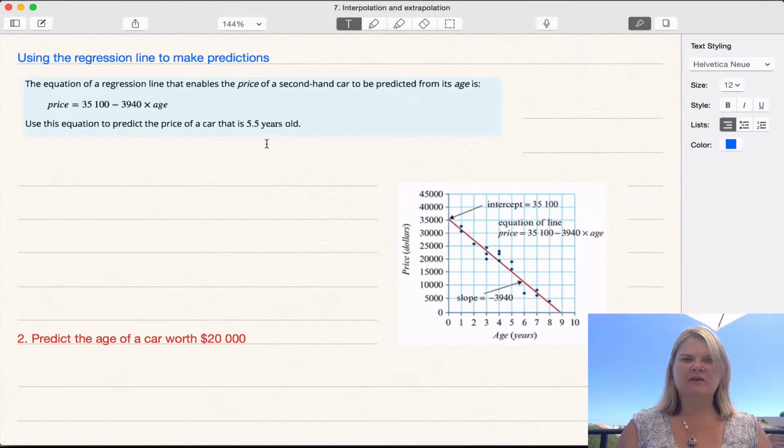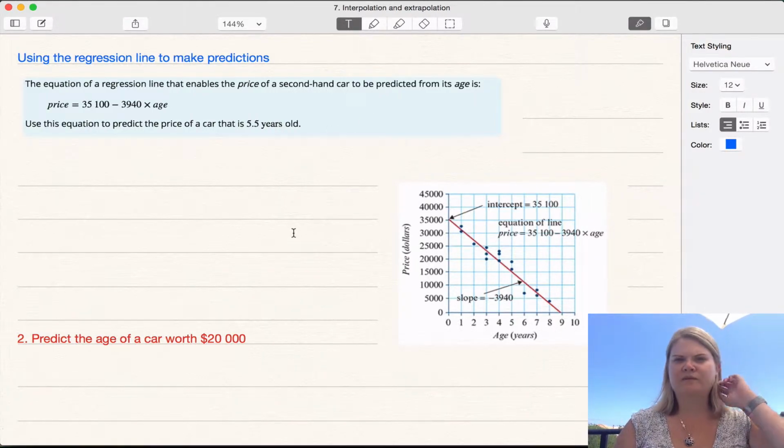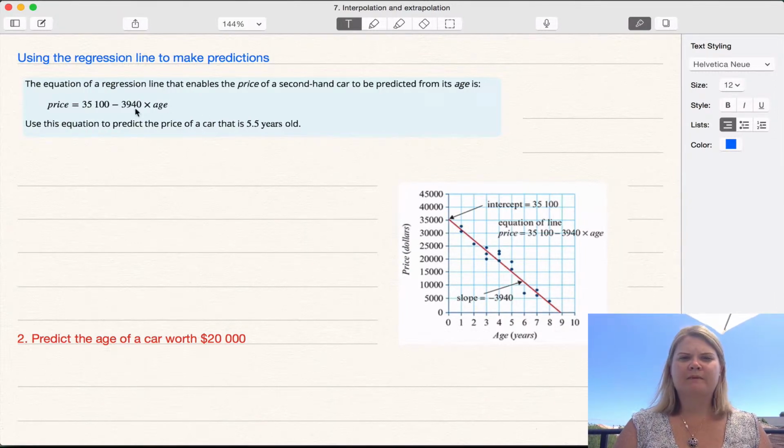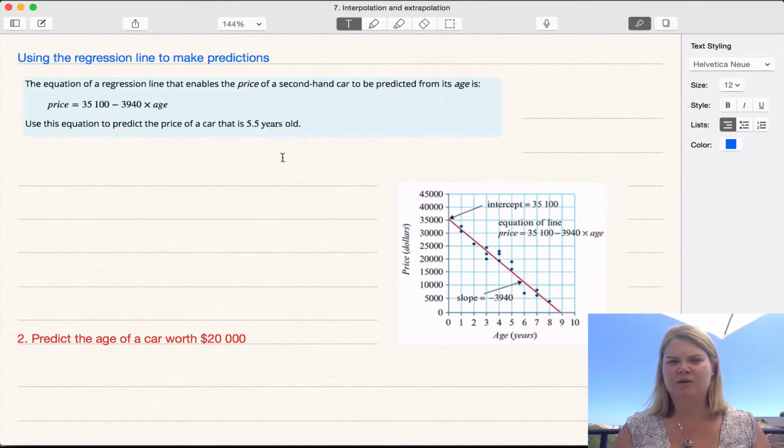So once you've got that regression line and the equation for the regression line calculated, this is one we've calculated in a previous video, you can now use it to predict other values. The first one it's going to ask us to do is predict the price of a car that's 5.5 years old.